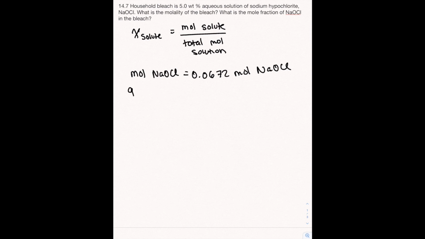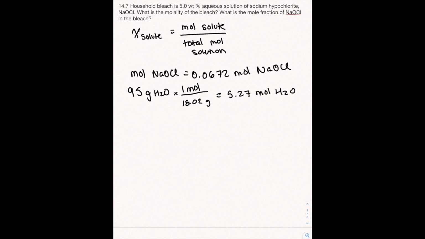We know we have 95 grams of water from when we were solving for molality before. And if you look at your periodic table, you'll see that water's molecular weight is 18.02 grams per mole. And you can plug that into your calculator, and you'll find that we have 5.27 moles of water.